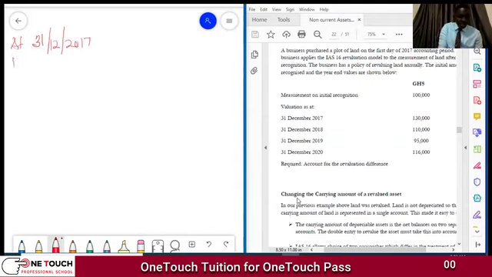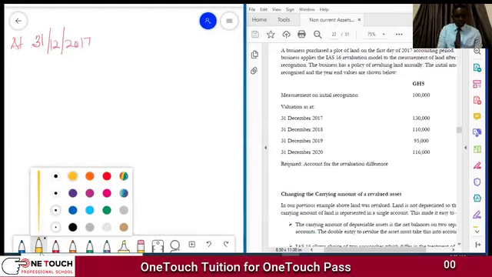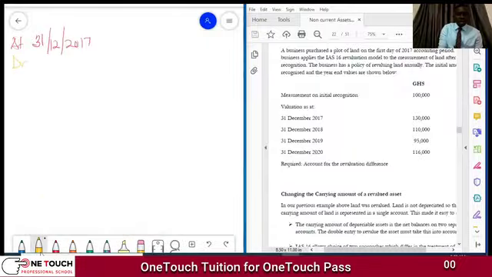So we are going to debit the land account with 30,000 and we credit revaluation reserves also with 30,000. Okay, good.